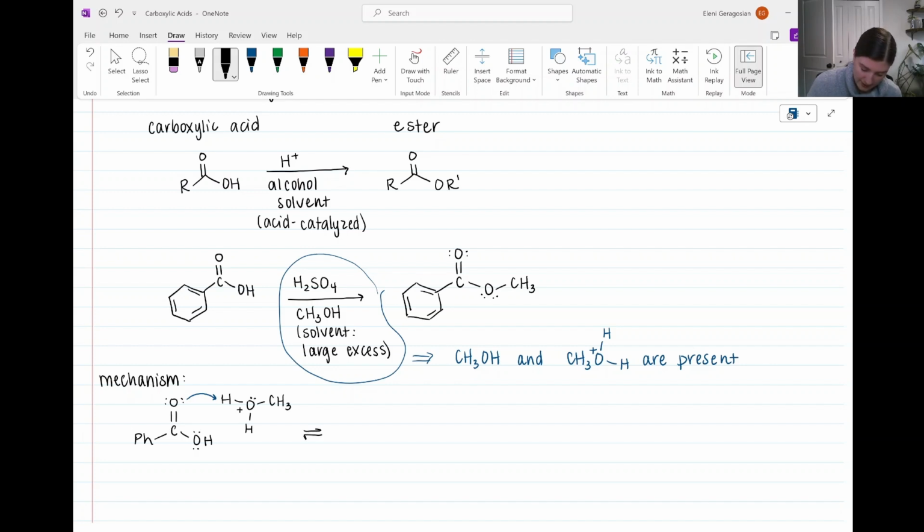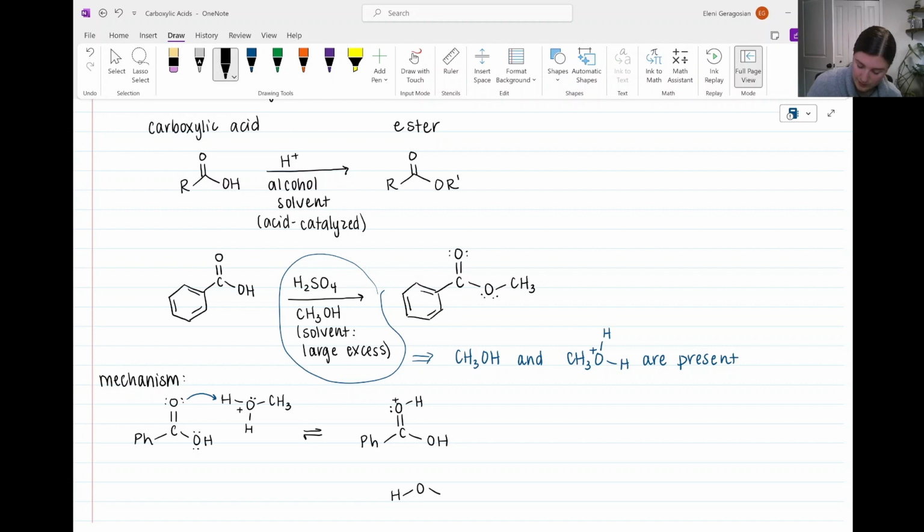All right, so we activate the carbonyl. So we have an even more electrophilic carbonyl carbon. So that carbon is susceptible to nucleophilic addition.